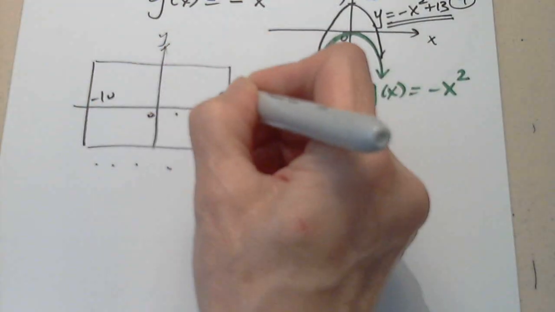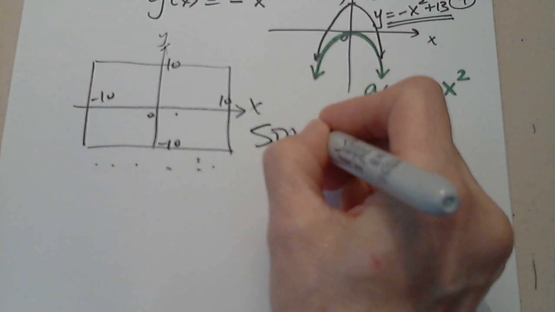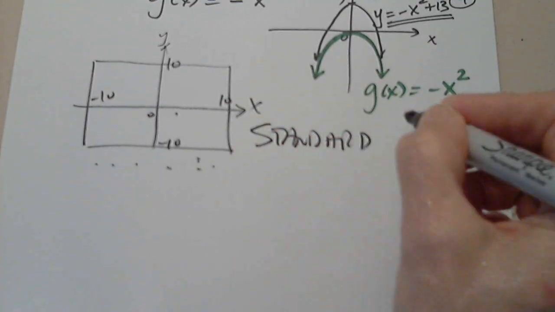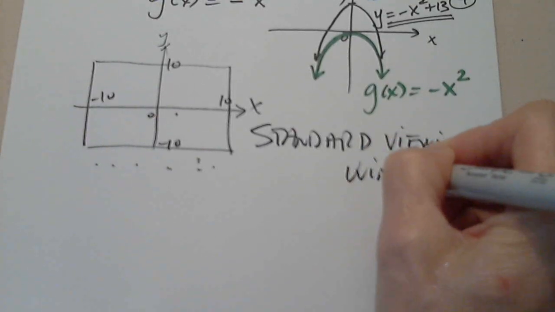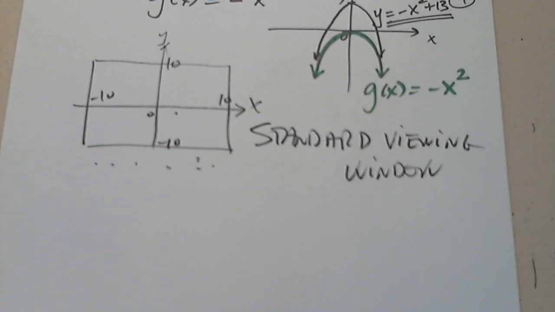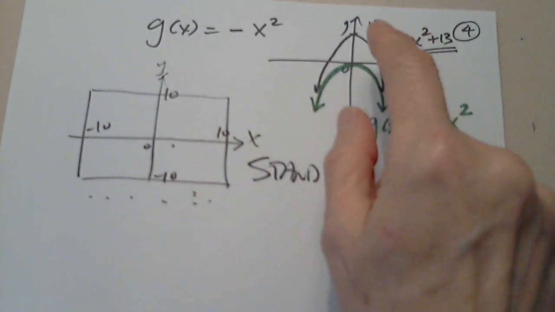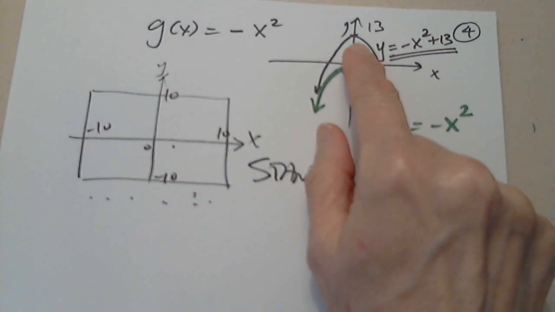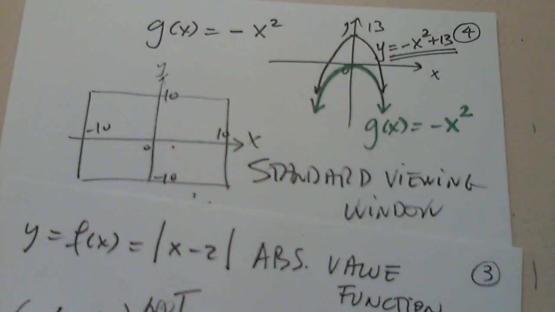So negative 10, 10, negative 10, 10 is the standard viewing window in the graphing calculator. Now, if I do hit standard, I will not see this point because it's at 13.